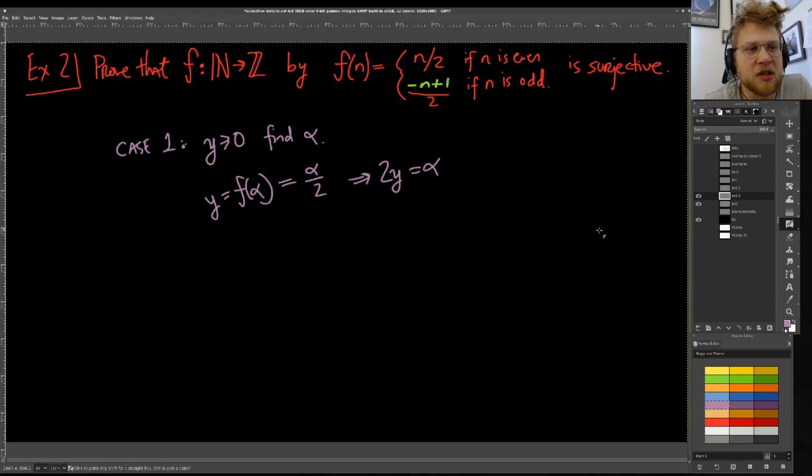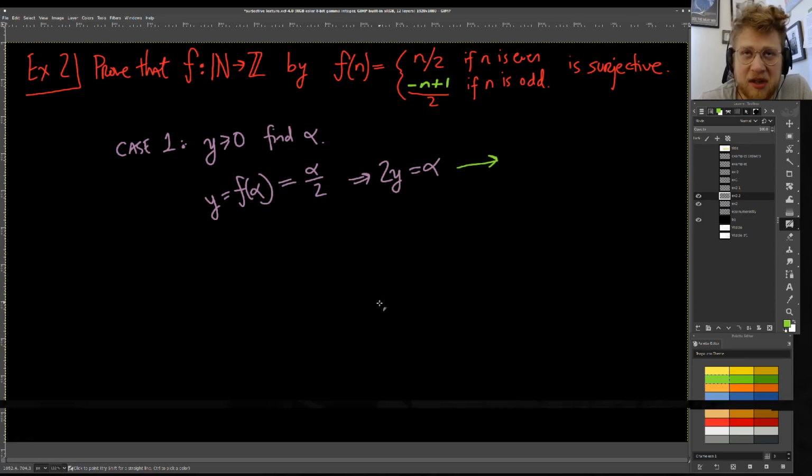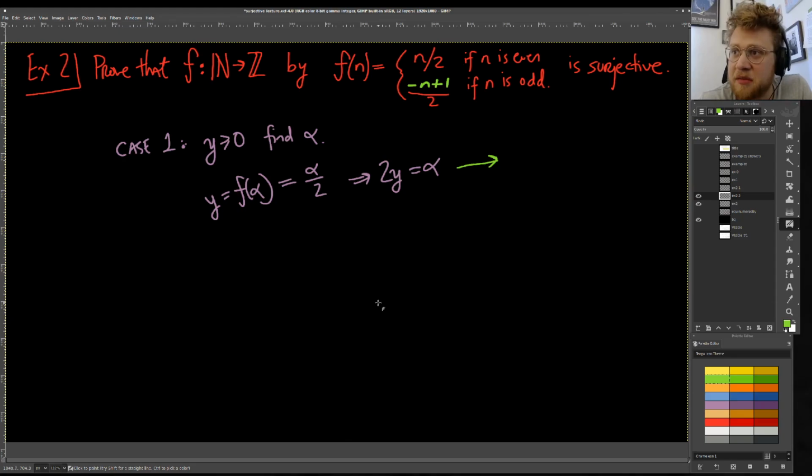But this actually tells us two things, which are both going to be important. If you remember going back to example 1, we had that fake proof that a function was surjective. The idea was that particular input wasn't actually part of the domain. So our proof of surjectivity failed.